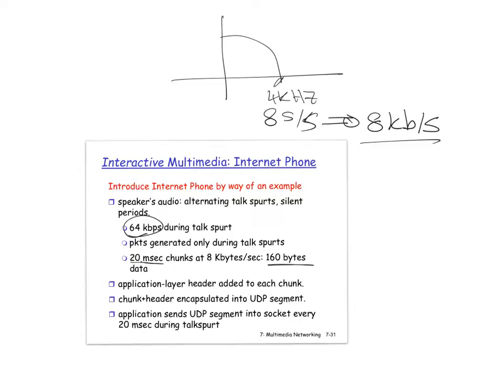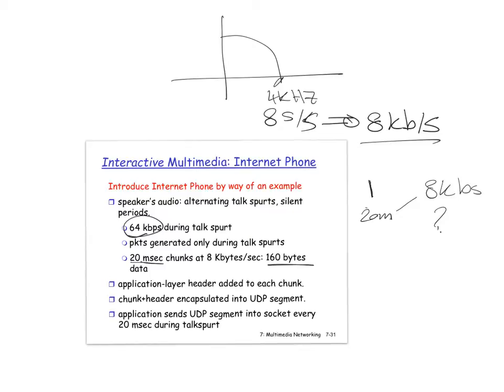If you want to know where this came from, in 1 second we have 8 kilobytes per second. For 20 milliseconds, how much data can we send every 20 milliseconds?